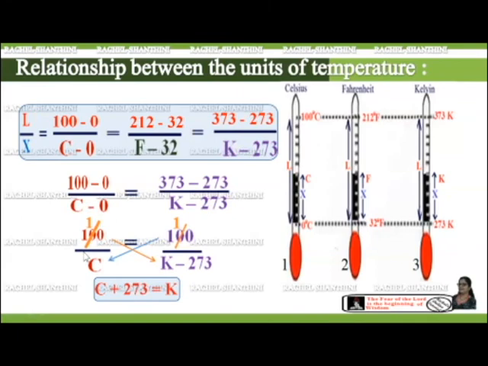So we can cancel this 100 and this 100. Now when we cross multiply these equations, we get C plus 273 is K. This is the relationship between Celsius and the Kelvin scale.